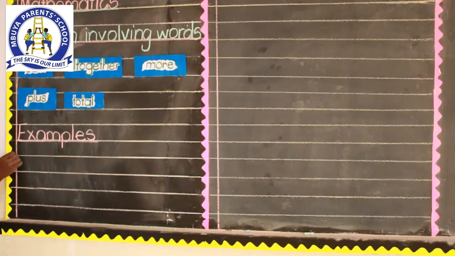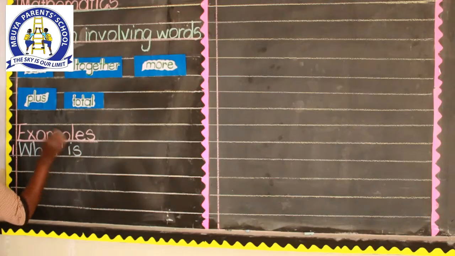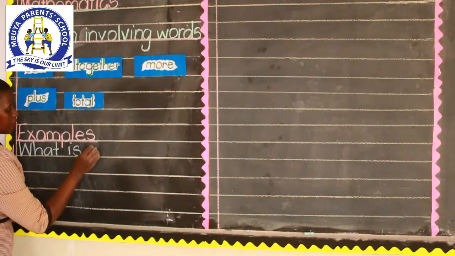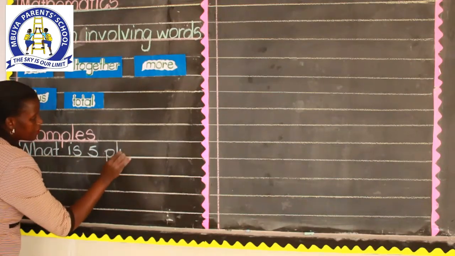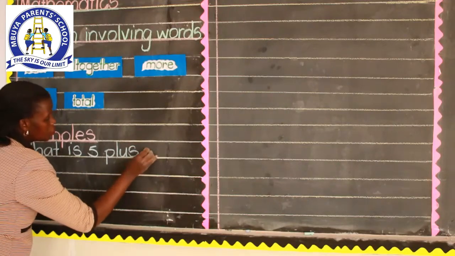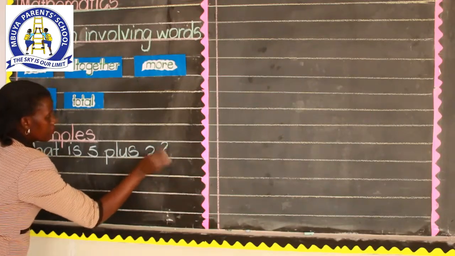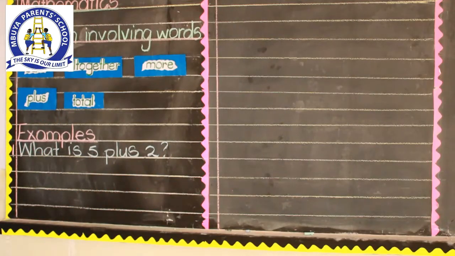Let's look at example 1. What is 5 plus 2? Let's read the question together.